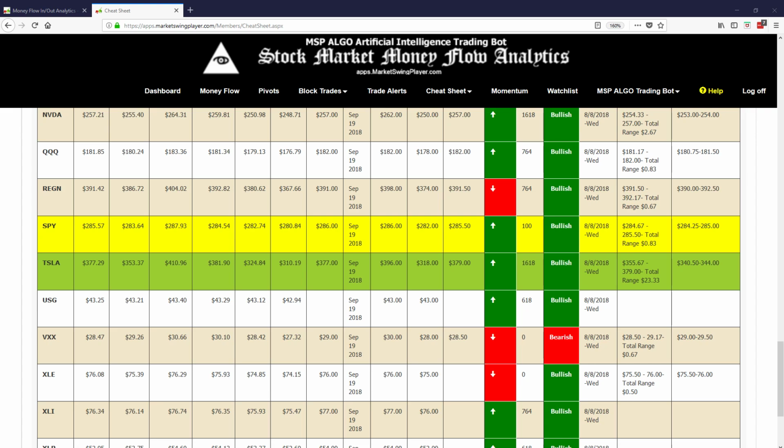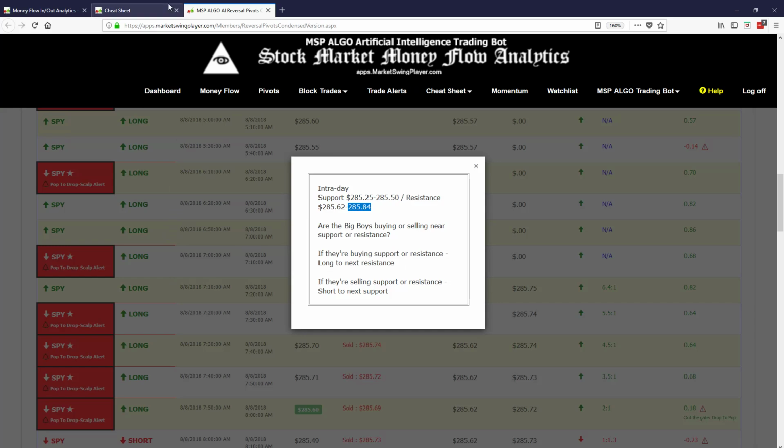Okay, so that's the MSP Algo trading bot. You can see I got my support and resistance levels from the app, and I could see what the average buy and sell is. So I could use either or. They were pretty similar and close, so it's pretty much the same thing. So I could gauge where I could scalp this particular stock.